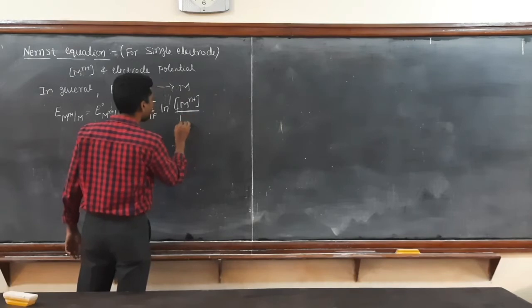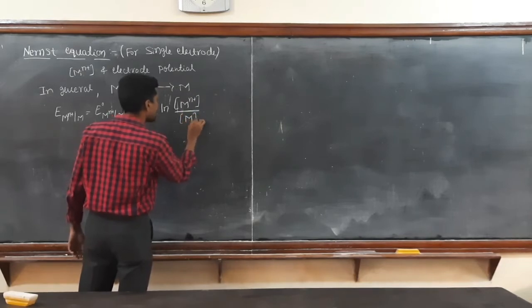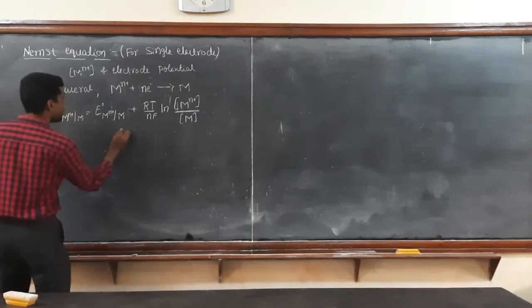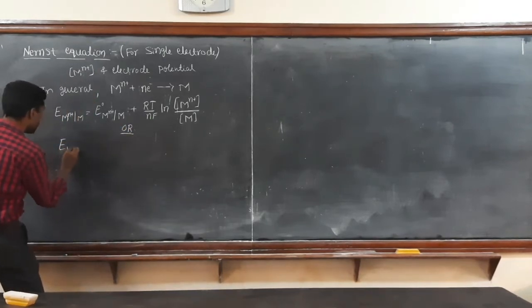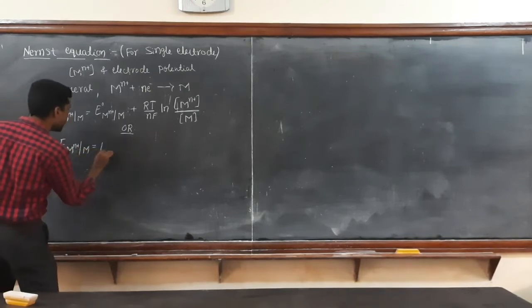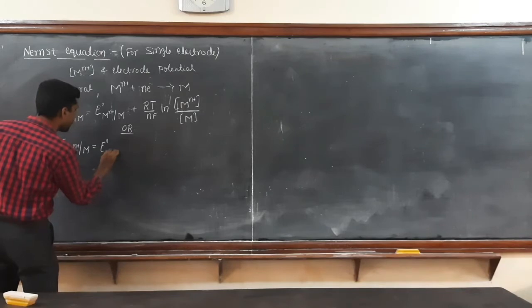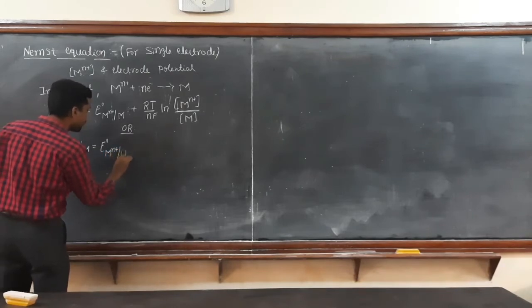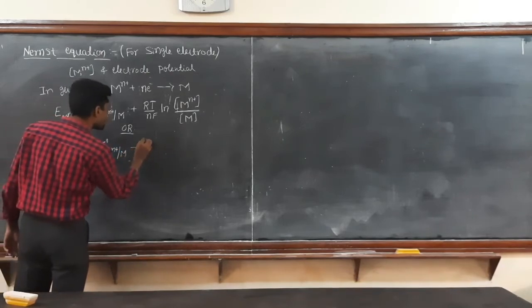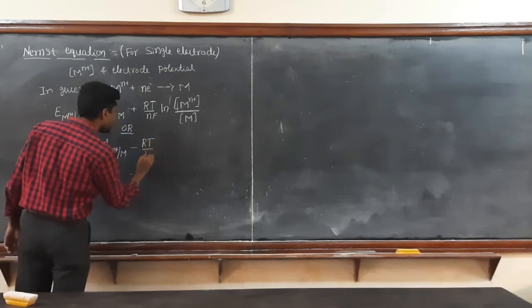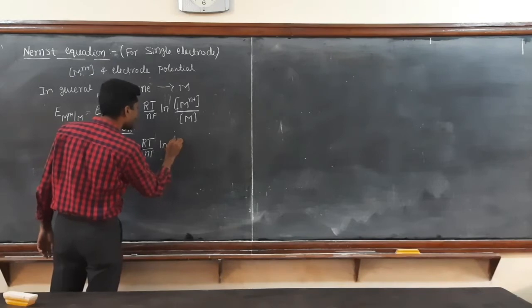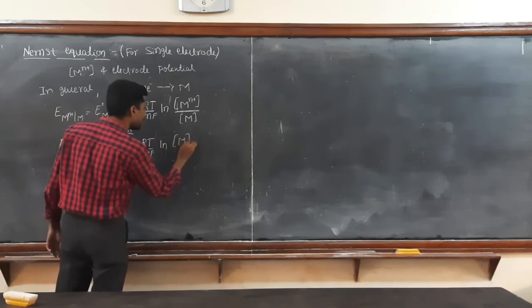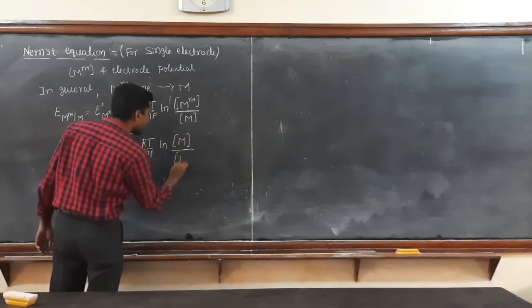Or the same equation can be written as E of Mn+/M equals E naught of Mn+/M plus RT by nF, ln of the concentration of Mn+ divided by the concentration of M.